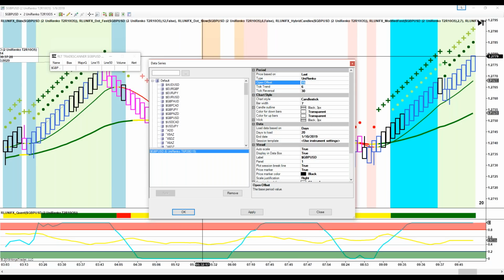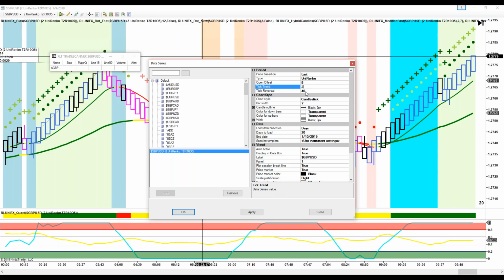The next one is 20, 8, and 40. And so on and so on and so on.